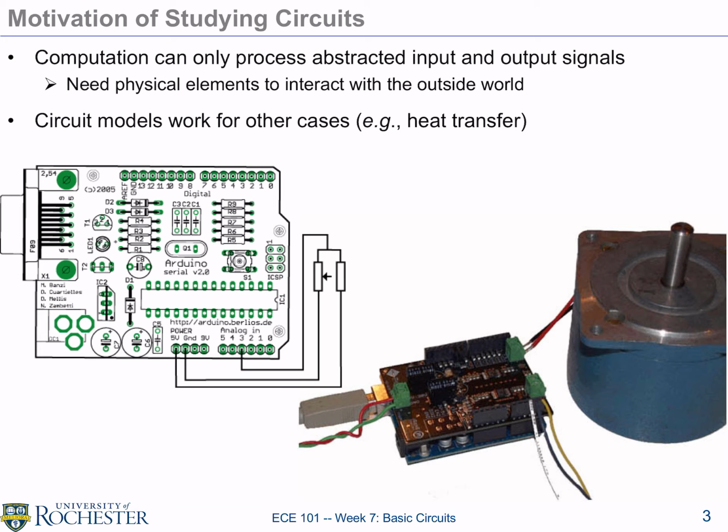That clearly needs some sort of interface between an abstract computer that produces zeros and ones and the outside world. And these models are very, very useful. They help you in all kinds of situations. Heat transfer, for instance, is a dual problem for electrical circuits. The same law that you learn here can be applied there.